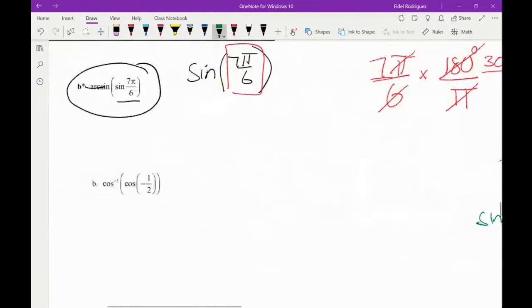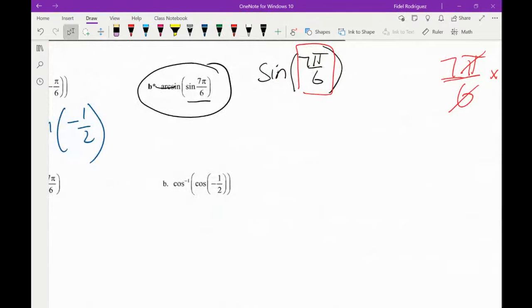So what I'm going to do is I'm going to come back over here, and I'm going to say, well, we were able to figure out what this is, and we came up with a negative 1 over 2. Okay?